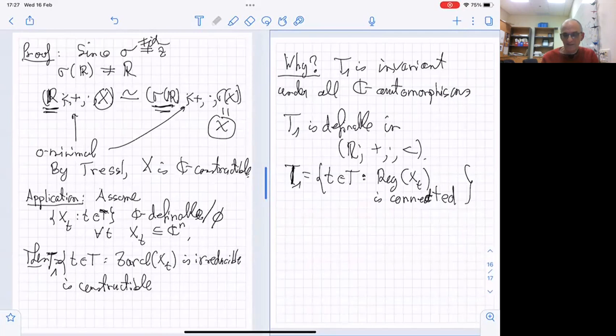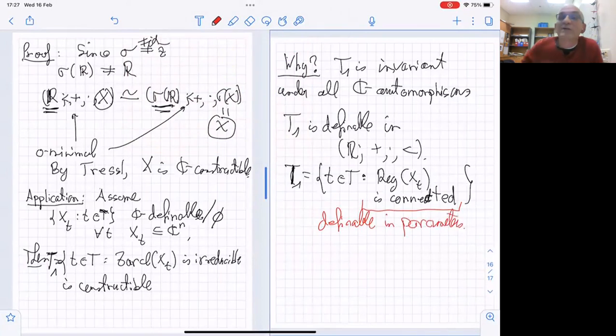By the way, it's a non-trivial point that this is definable in parameters. I'm not sure if Garrett talked about this. If you're not familiar with that, there is clearly not one formula that does it, but it's a result of cell decomposition that it is true.